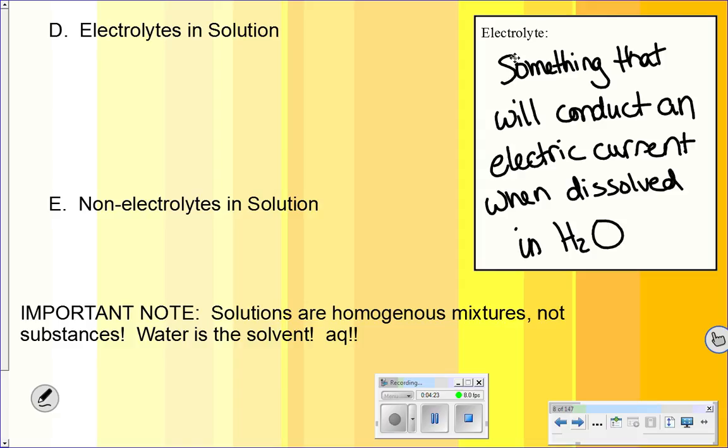A solution that has electrolytes in it has mobile charged particles.